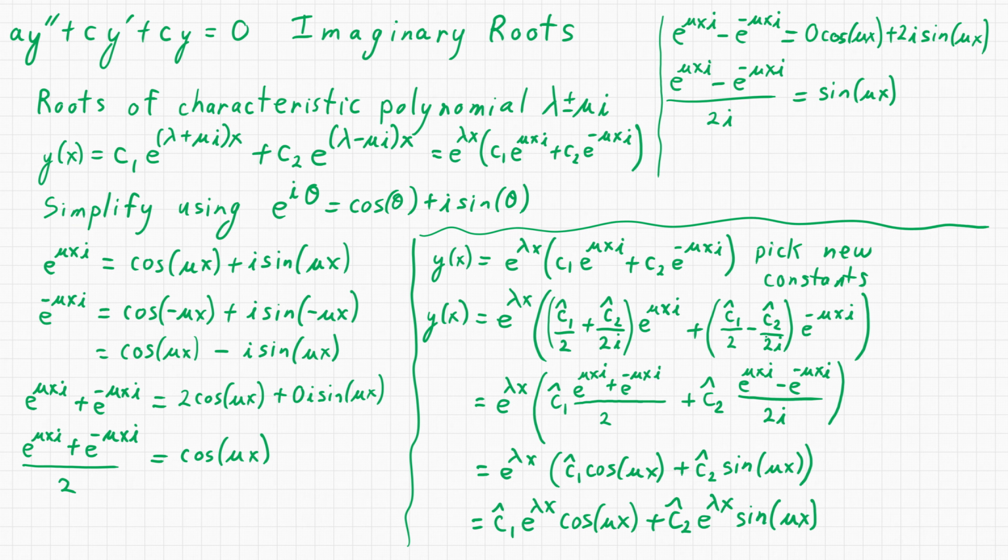And then by going back and grouping everything by c1 hat and c2 hat, you get this fraction that we ended up wanting that actually simplifies to cosine mu x. And on c2 hat, you got a fraction that ended up simplifying to sine of mu x. So that's how it works, in case you were curious. But again, if you really want to, you can just follow the formula each time.